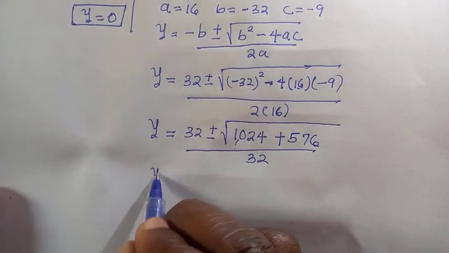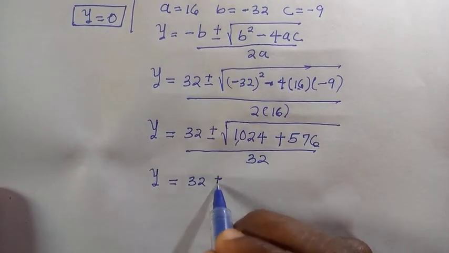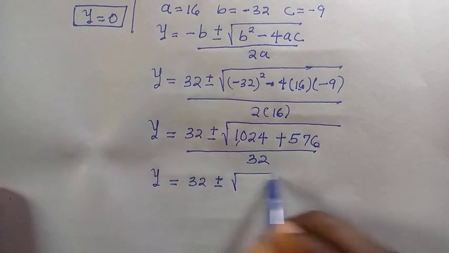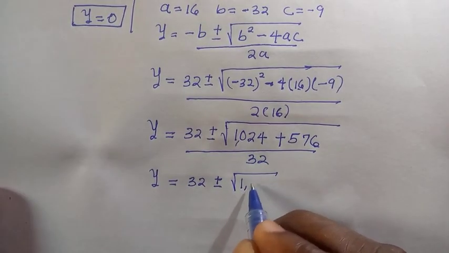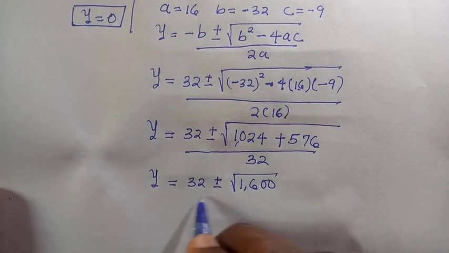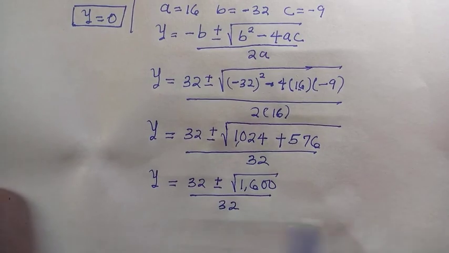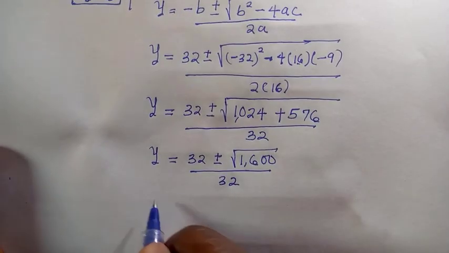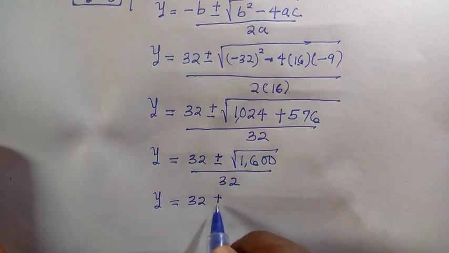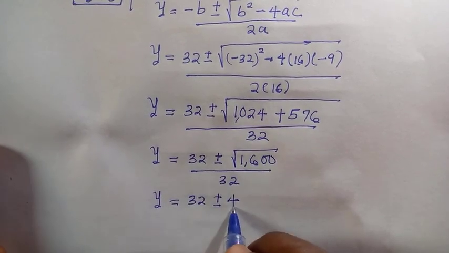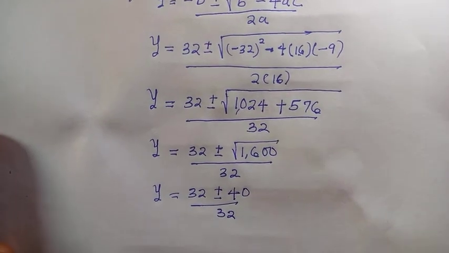Again, here y equals 32 plus or minus the root of, if you add these two together, it becomes 1600, divided by 32. And 1600 is a perfect square, which is 40. Then we have 32 plus or minus 40 divided by 32.